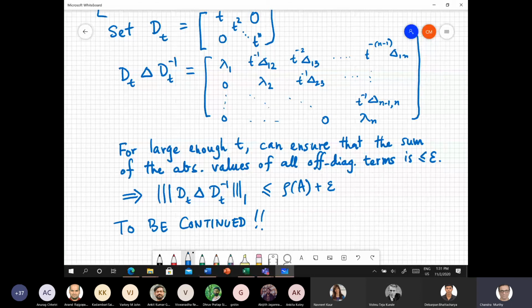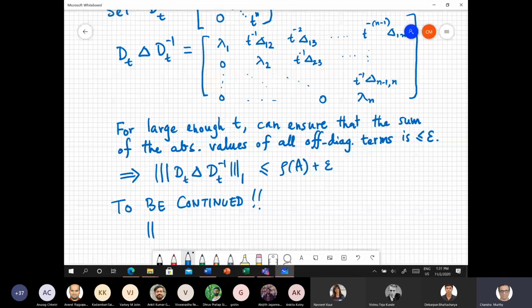So a fun exercise for you could be to see if you can actually show that the norm of A is less than, or rather, ultimately what we want to show is that rho of A is less than or equal to, for this particular norm. So okay, let me do this. I'll just say one thing here.